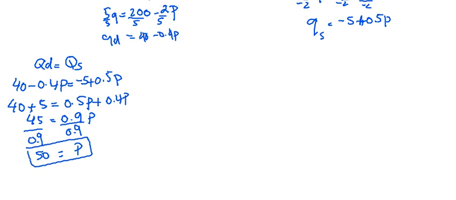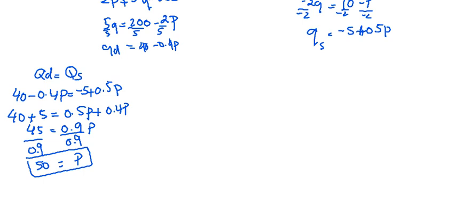Now how do we get the quantity? We substitute into one of the equations, the first or the second. So we substitute here: Q is equal to 40 minus 0.4 multiplied by 50.